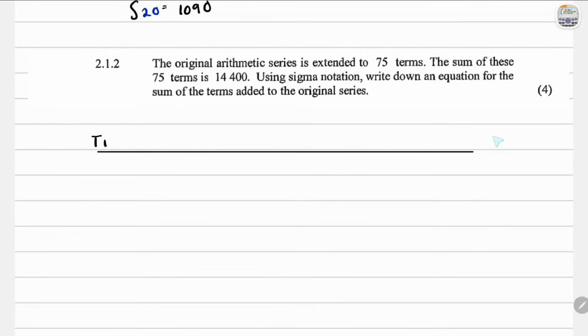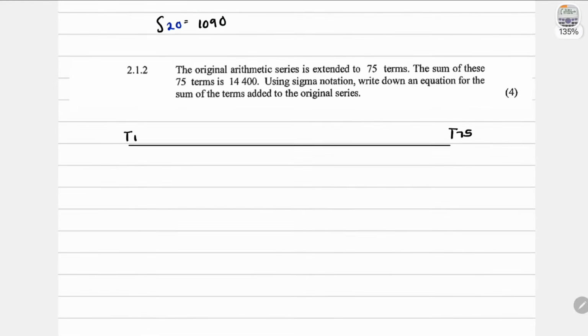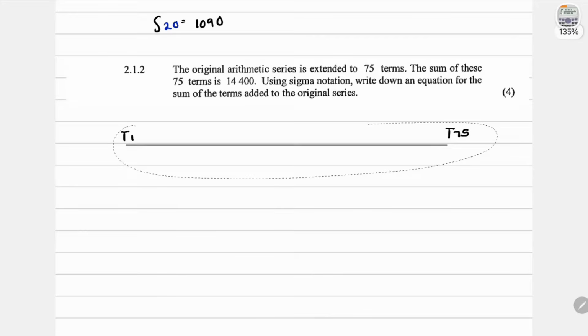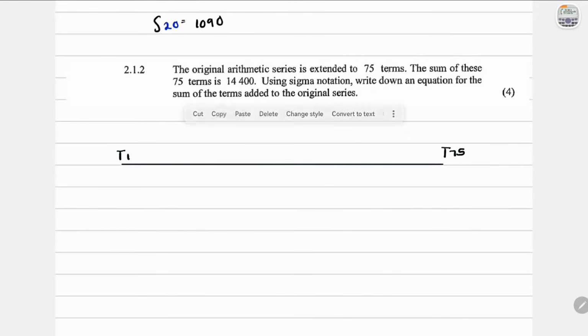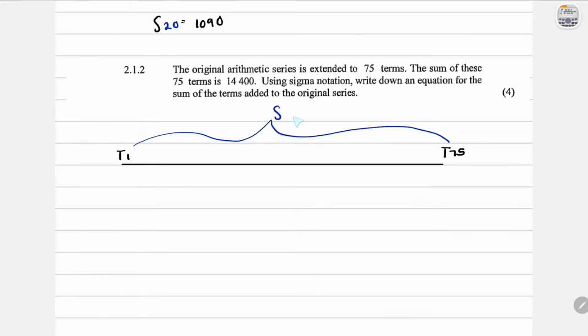So it goes all the way to 75 terms, so T75. Then the sum of these 75 terms is 14,400. That's also very important. I'm just going to try to find a way to put them all together. So the sum of it, let's just say, we calculate the entire sum, and then that would give us that 14,400.